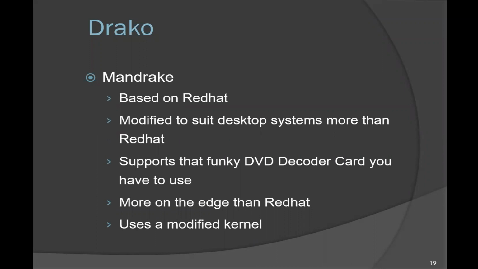You will get a more user-friendly desktop GUI. You get support for that funky DVD decoder card you have to use. It's more on the edge than Red Hat and uses a modified kernel.